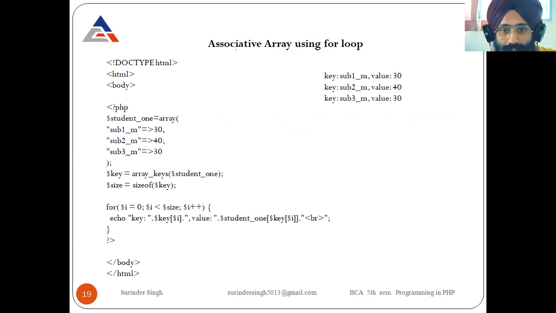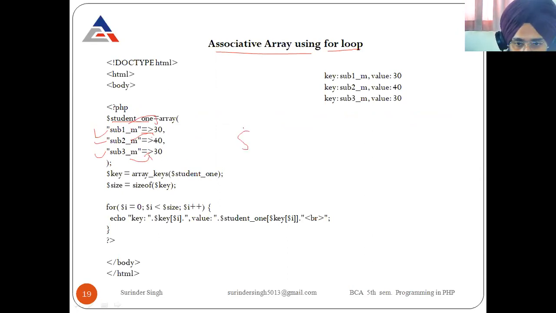Now the first example is with the for loop. Here we have an array student1, and we have the keys subject1_m, subject2_m, and subject3_m. These are the keys, and these are the values. We associated subject1 marks with 30, subject2 with 40, and subject3 with 30.